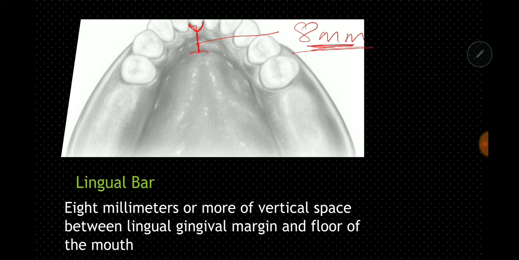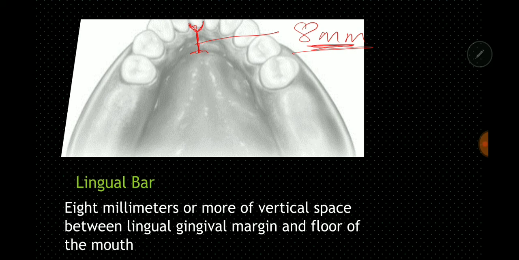The lingual bar should be used for a mandibular RPD when sufficient space exists. If you have 7 millimeters or less, you can't use it, because if you have less space and you put a lingual bar, it may interfere with speech.